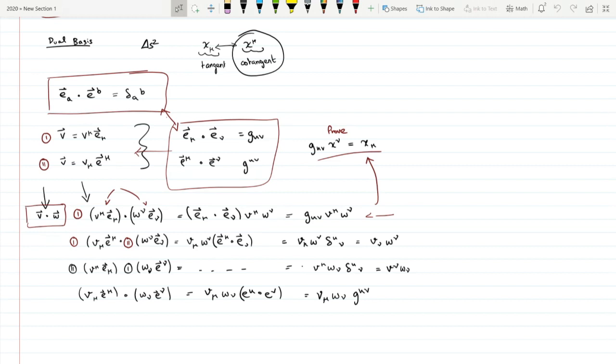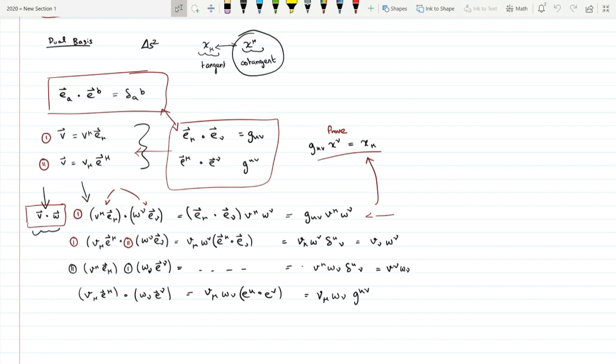Okay, so does everyone agree that the left-hand side is the same for all 4 of the right-hand sides? It's just dotting 2 vectors. Does everyone agree? Yeah. I've just taken 2 vectors, I've dotted them, I've expanded the dot product in terms of different basis vectors.